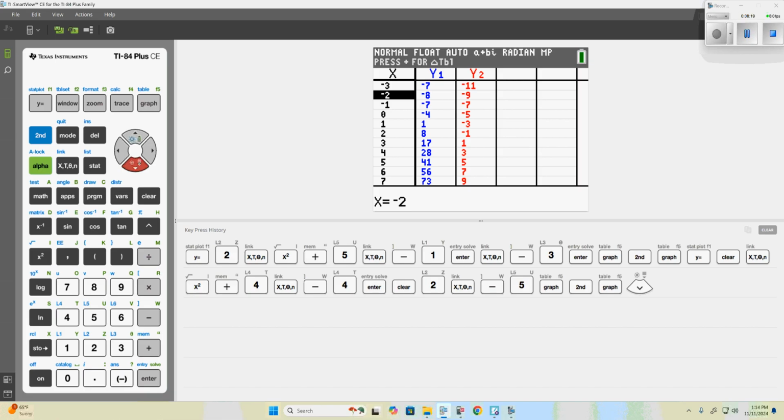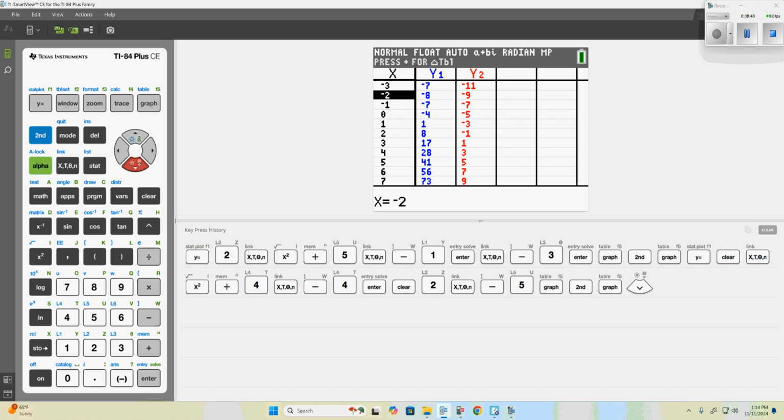Again, we're looking for what value of x where the y values are the same. Because if we were solving, we're looking for what value of x makes the y value be 0. Here, we're not wanting 0. We want these two equations, the one in blue and the one in red, to have the same value of y.